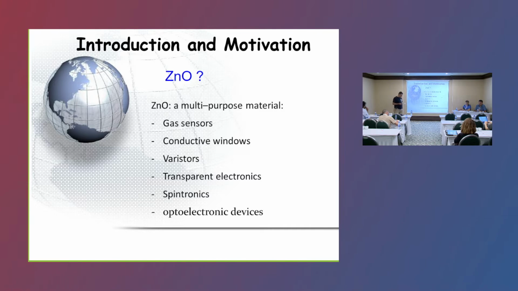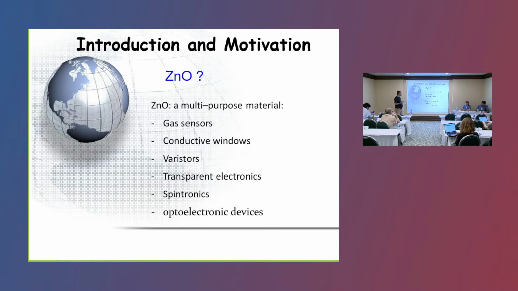What is the motivation for this work? Zinc oxide materials and zinc oxide based nanomaterials such as nanoparticles, nanorods, and nano thin films can be used in many fields because zinc oxide is a multi-purpose material.